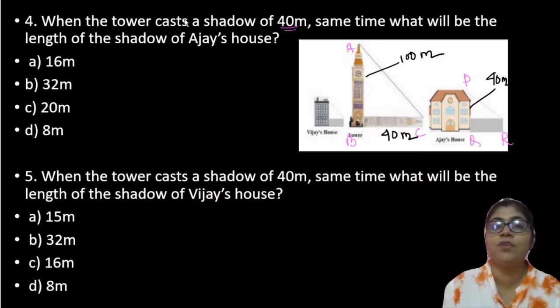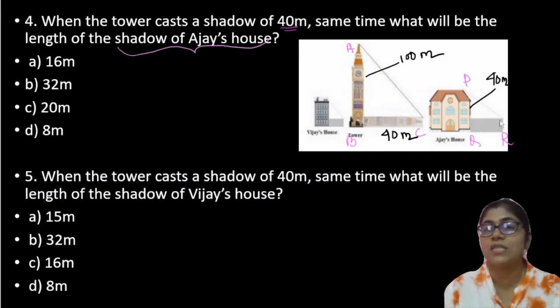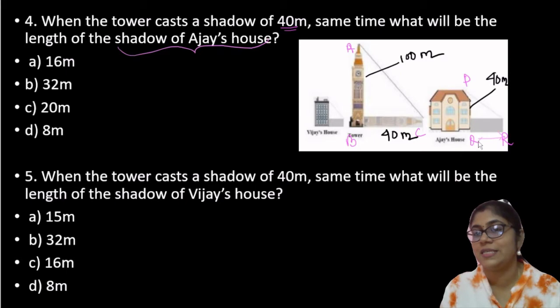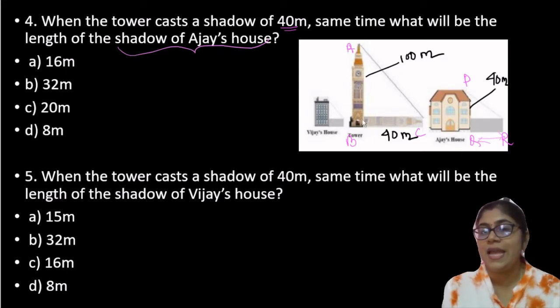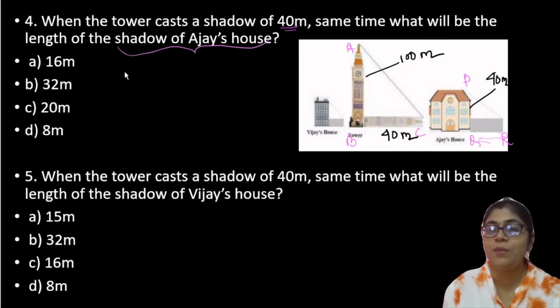Now we have to find out the shadow of Ajay's house, that means the QR distance. So we can write AB by BC is equal to PQ by QR.